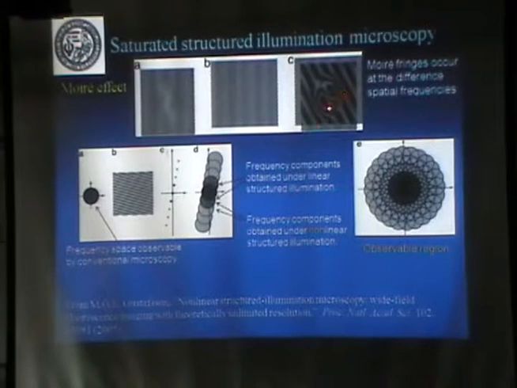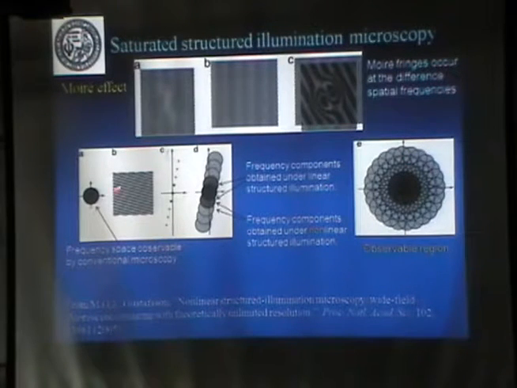And if you use a non-linear effect, you know that if you have a linear system and you come with frequency omega, you cannot generate other frequencies. Everybody knows that. But if you have a non-linear system, with frequency omega, you can generate frequencies 2 omega, or 3 omega, 4 omega. So that's what happens here. If it's a non-linear effect, you generate 1, 2, you can go to higher frequencies. These are the harmonics, which repeat this information.